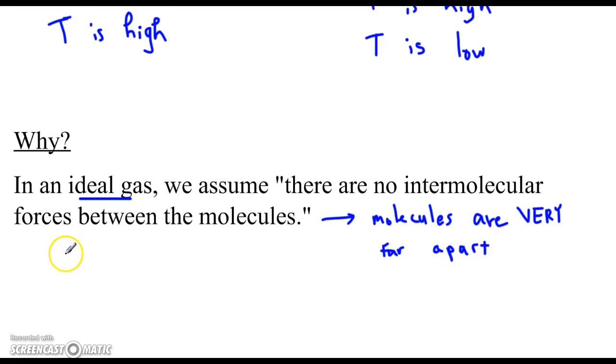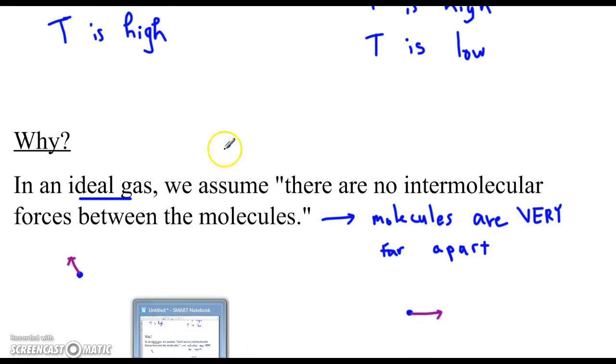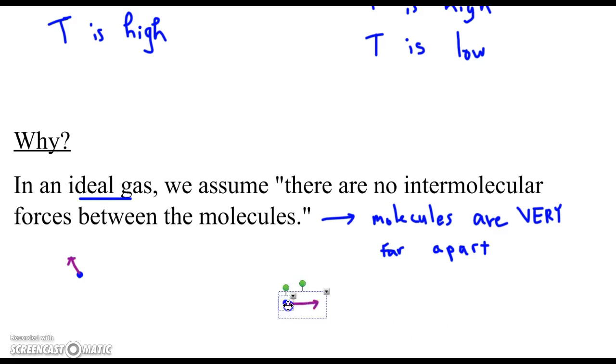So here's the idea. You have a molecule here, and way over here you have a molecule. Let's say they're moving off in opposite directions. When they are really, really far apart like this, they will feel almost no force of attraction, and so they will continue moving along their paths.